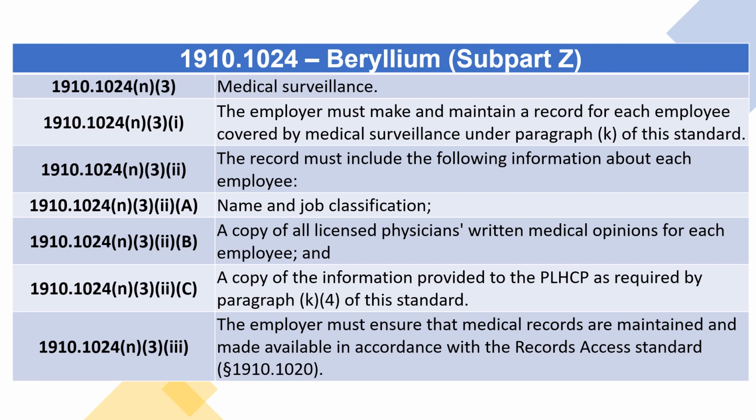A copy of all licensed physicians' written medical opinions for each employee, and a copy of the information provided to the PLHCP as required by paragraph K4 of this standard. 3. The employer must ensure that medical records are maintained and made available in accordance with the Records Access Standard, Section 1910.1020.